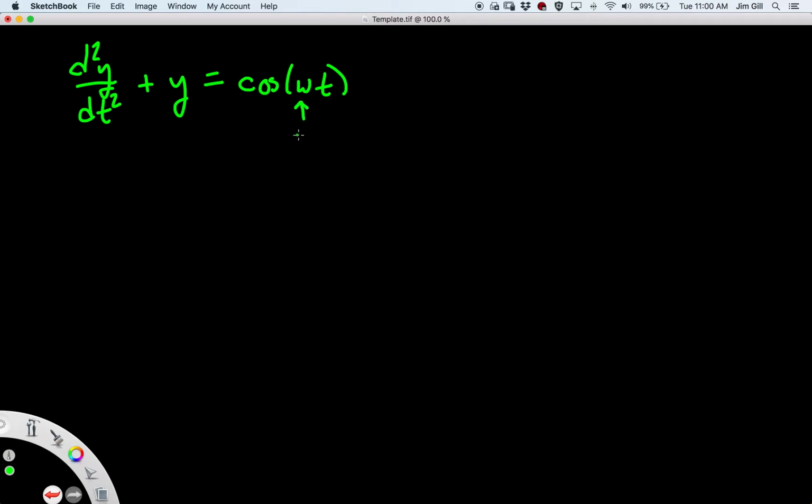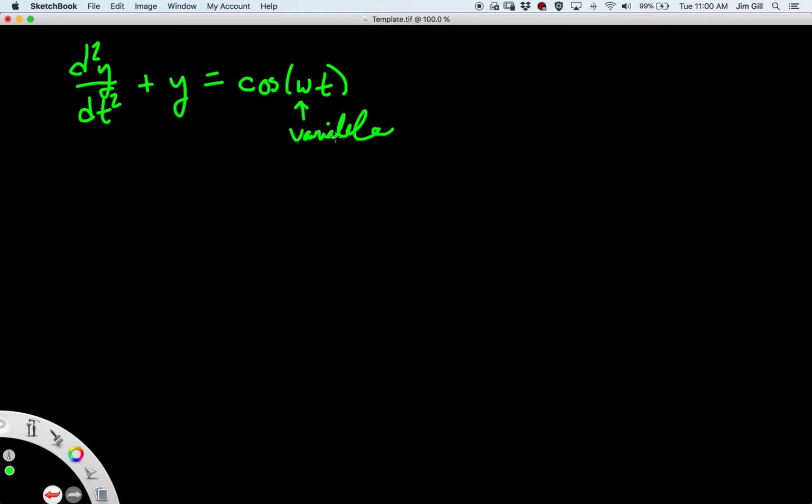We're going to allow this to be variable because we want to see what happens when we drive with different forces of different frequencies. Okay, so this is, of course, going to be computationally complicated, but it will allow us to understand what's going on a lot better as we move through this situation.